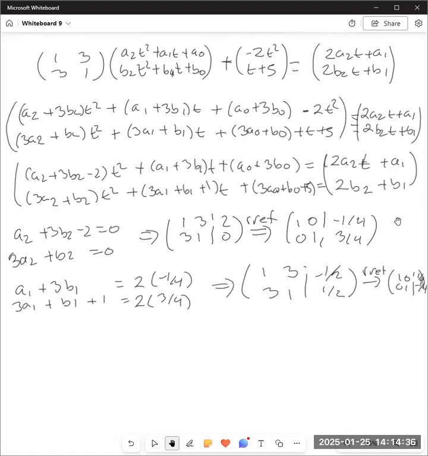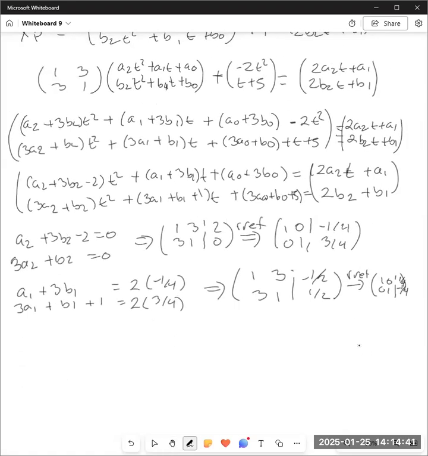So then that lets me come to the next set here. A0 plus 3B0, and then 3A0 plus B0 plus 5 is equal to A1 was 1/4, B1 was -1/4.